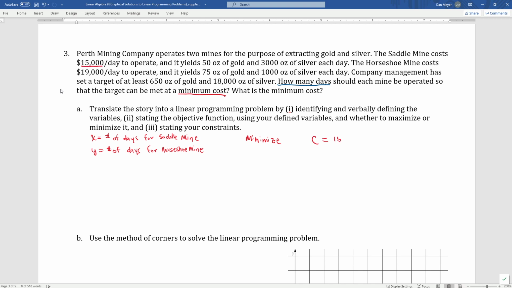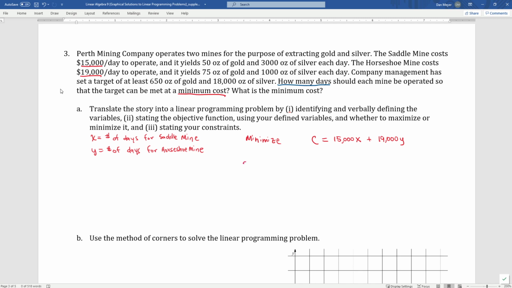So 15,000 X plus 19,000 Y. If I operate the second mine for Y days, it's going to cost 19,000 Y to operate that mine. All right, so there's our objective function.